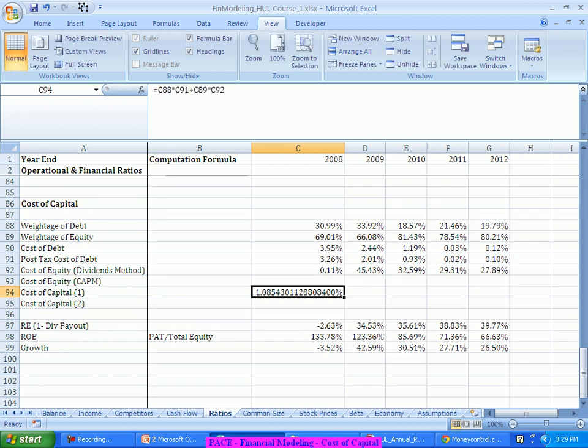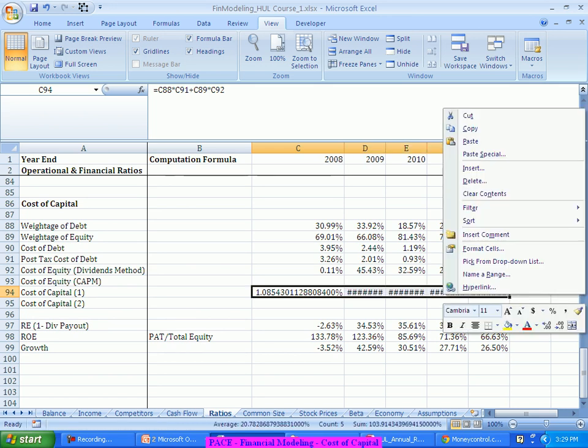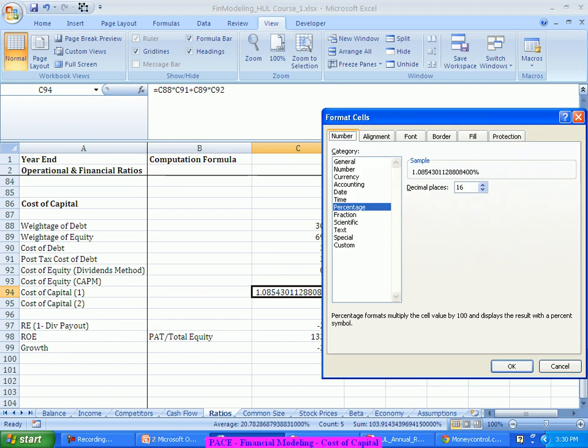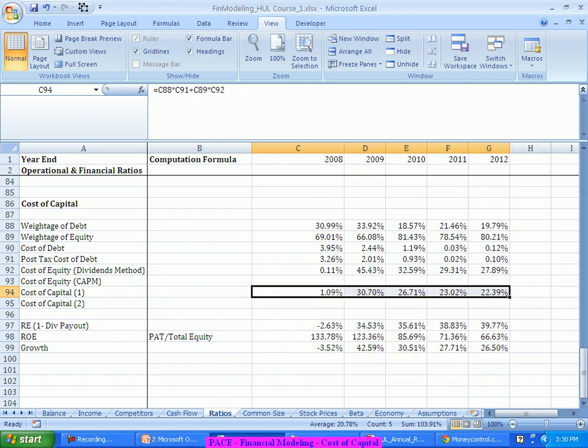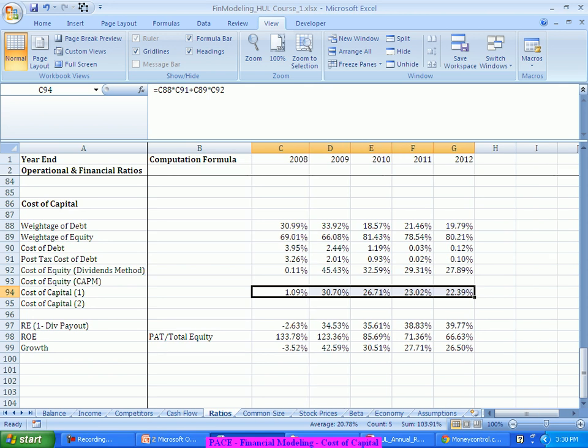So this is what becomes the cost of capital in the first year and probably in the last year. So at least 22% is the cost of capital as of latest, going with this mechanism.